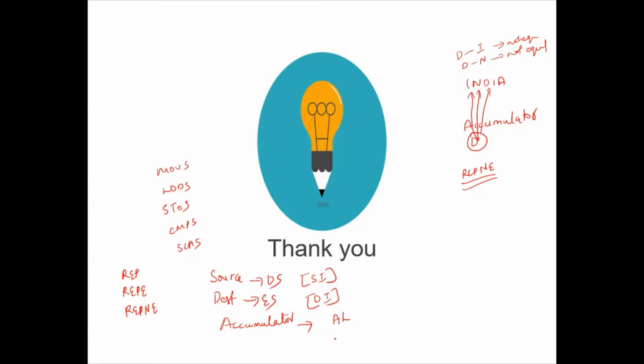If it is the word version, you will be using AX as the accumulator. And for all our repeat prefixes, the count should be given in the CX register only. So these are all the major points that you have to keep in mind when you use string instructions for assembly programming. Is that clear, everybody?